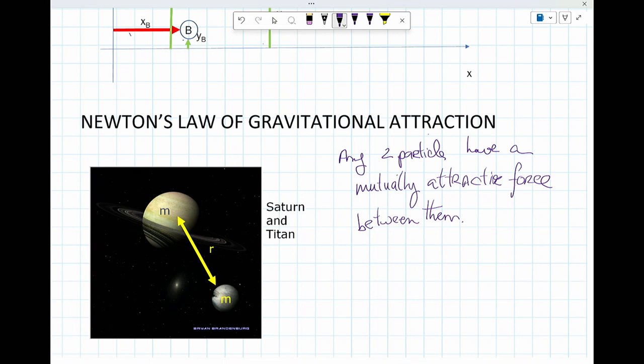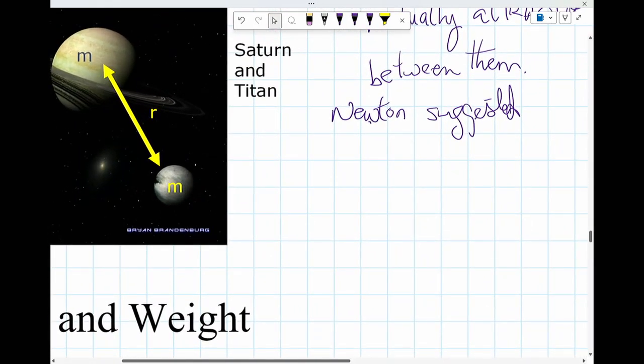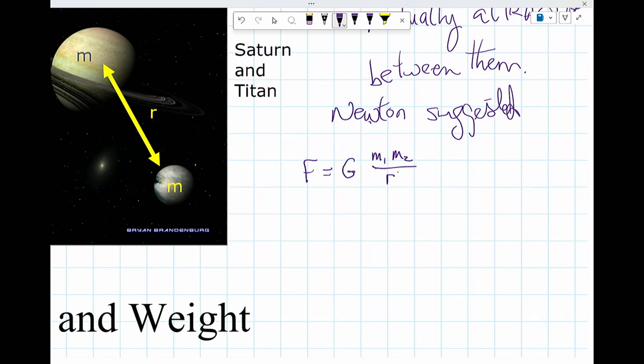So here's Saturn and one of its moons, Saturn and Titan. Newton suggested it can be written as F is equal to G mass 1 mass 2 over r squared. R is the distance between the two objects. Mass 1 and mass 2 clearly are the two different bodies, say, Saturn and Titan.